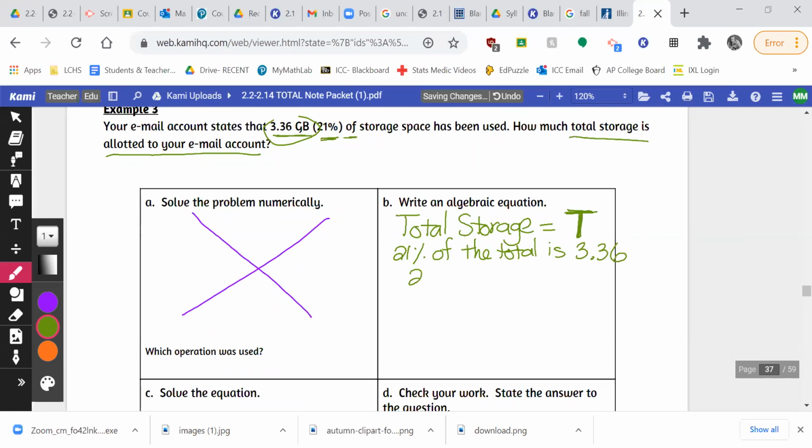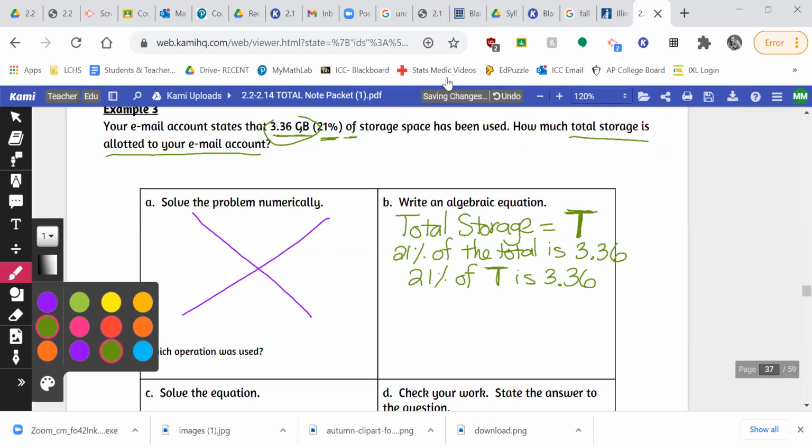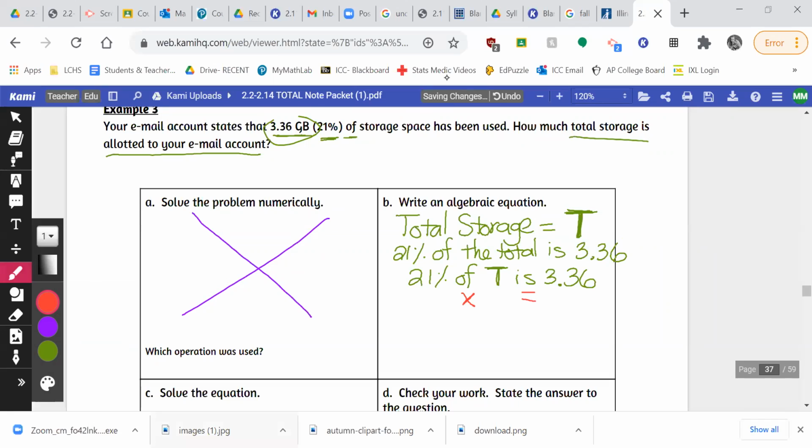So I'm going to write this as 21% of T, because T is the total, is 3.36. Whenever you have the word of, that means to multiply. Whenever you have the word is or are, that is equals. And when we use a percent in an equation, we are going to change it to a decimal. So we have 0.21 of, we're going to multiply with T, equals 3.36.